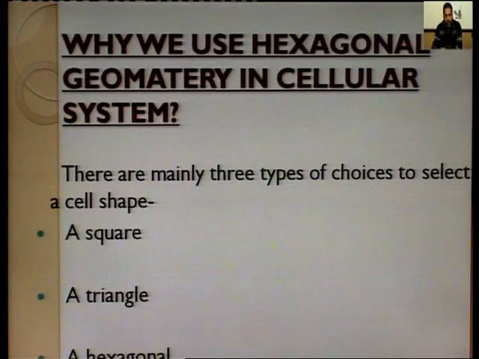Now, you have seen in the last diagram that the shapes of the cells were hexagonal. The question is why we use hexagonal geometry in cellular systems, means why the shape of the cells is hexagonal. There are mainly 3 choices to select a cell shape: it can be a square shaped cell, a triangle shape, or a hexagonal, and it can even be circular.